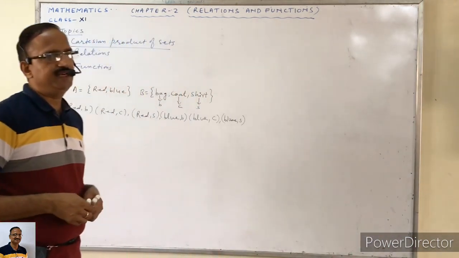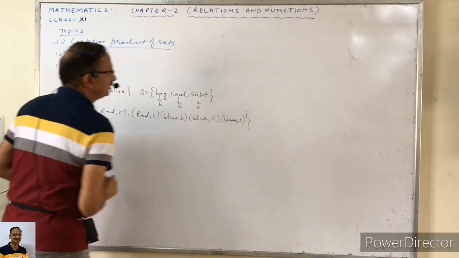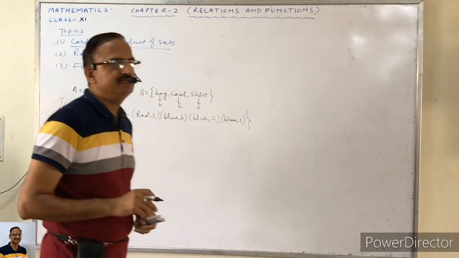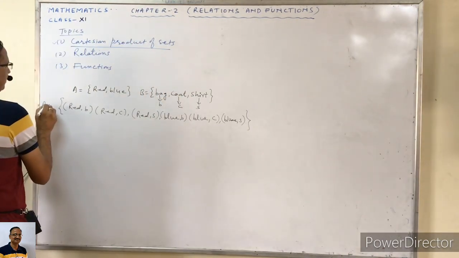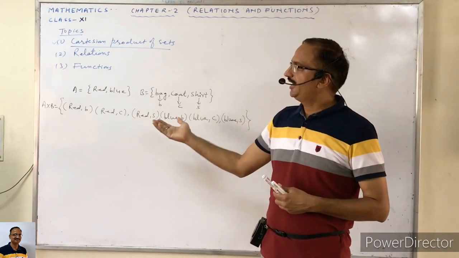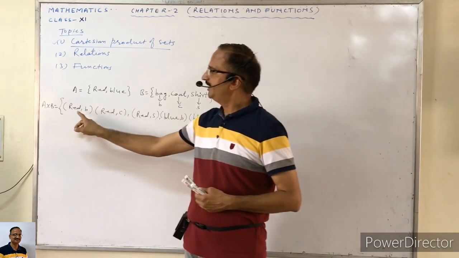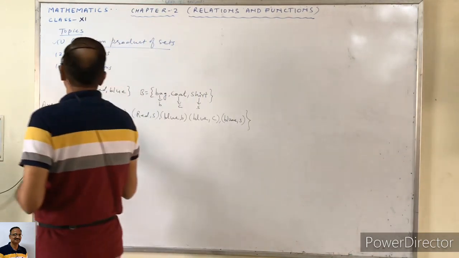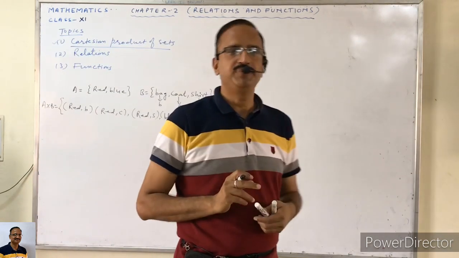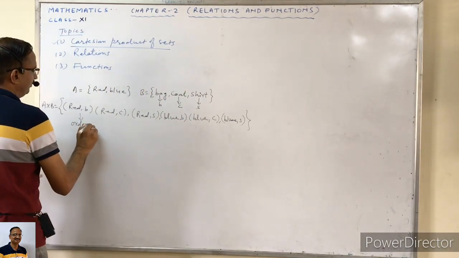Now if we write these combinations in this bracket, then this is called Cartesian product and it is represented by A cross B, because we are writing the combinations from A to B. It means the first element belongs to set A and the second element belongs to set B. Each pair is called an ordered pair.